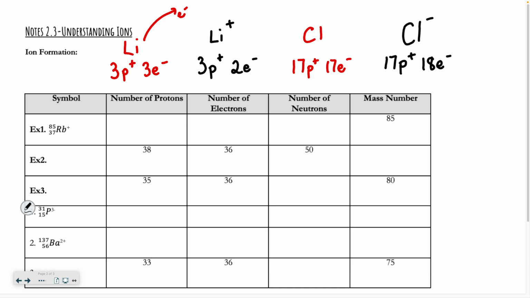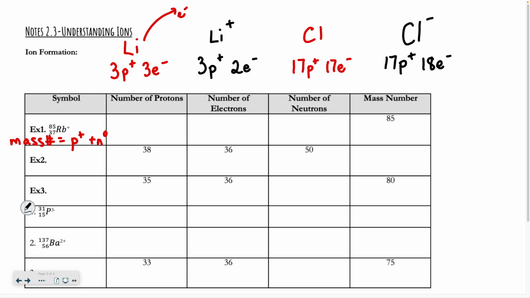So this looks very similar to what we did in the last section, except for the fact that we now have a charge. So quick reminder, the number on top when we're looking at the symbol, that is the mass number. And remember, your mass number is your number of protons plus your number of neutrons. Those are your subatomic particles that have mass.